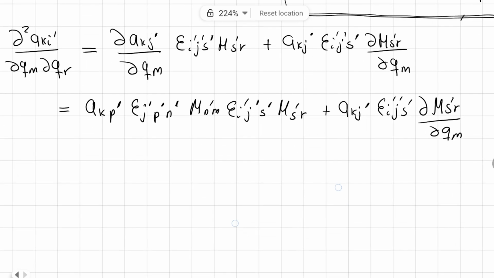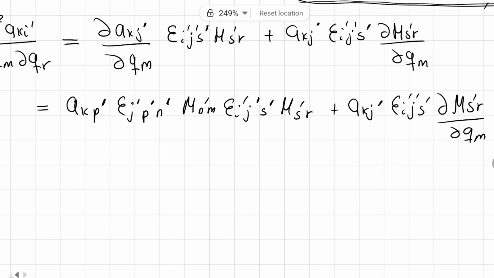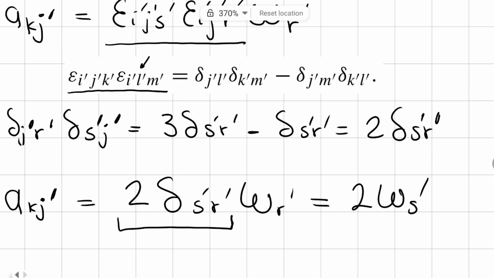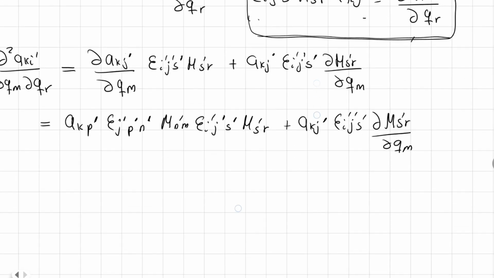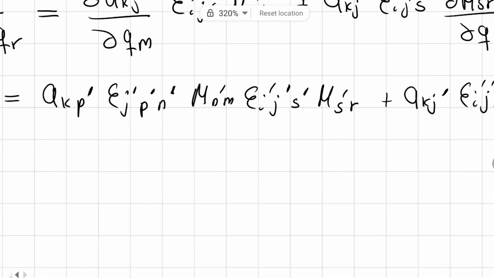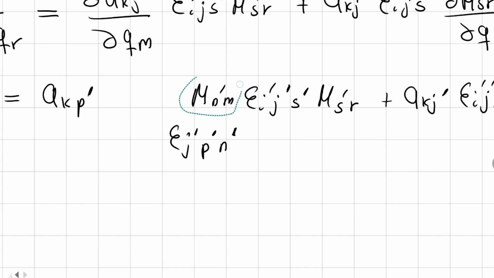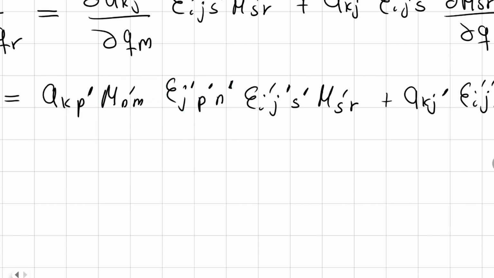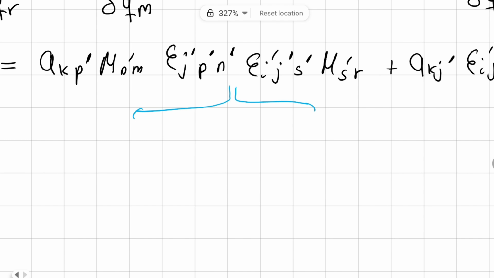Okay, and what we wanted to get is a product of Levi-Civitas to use again the relation that we wrote here, the one that relates the Levi-Civita product with the Kronecker deltas. So let me just switch these quantities to be able to see it more clearly.